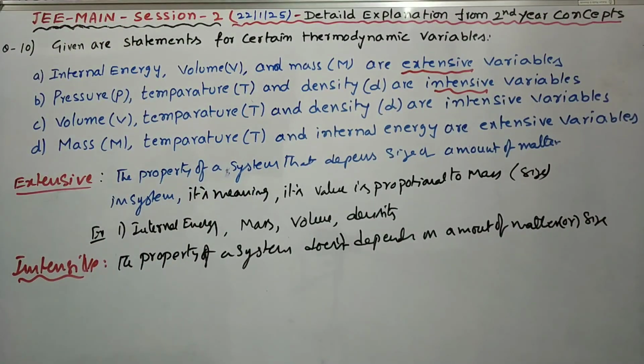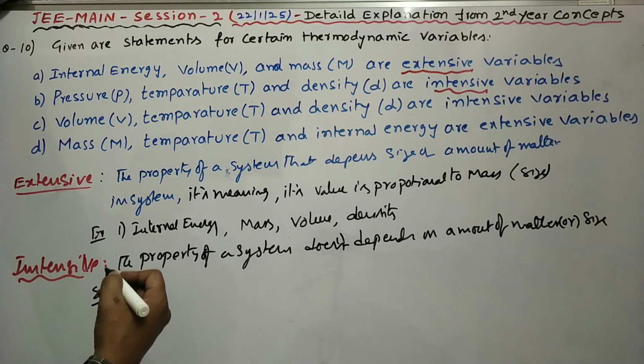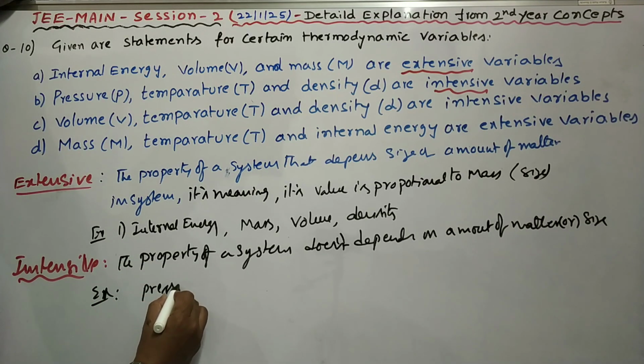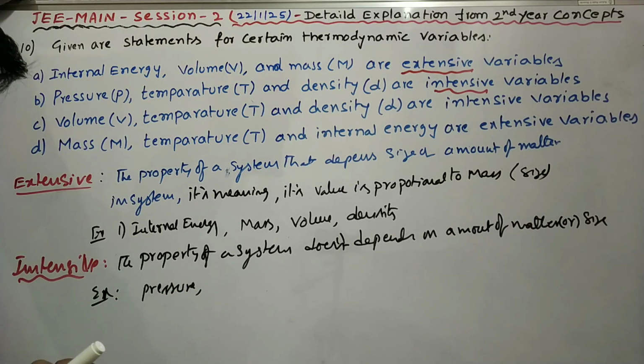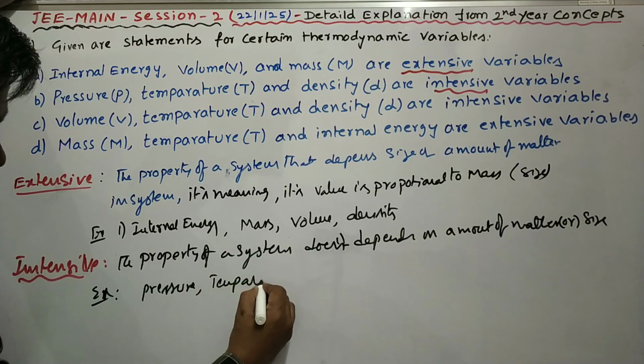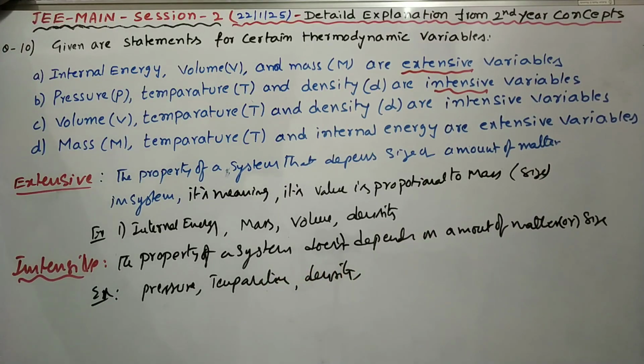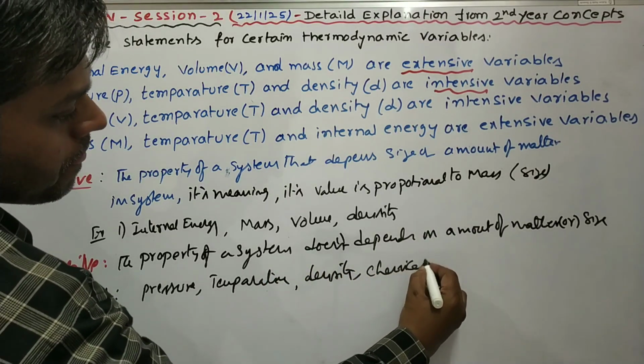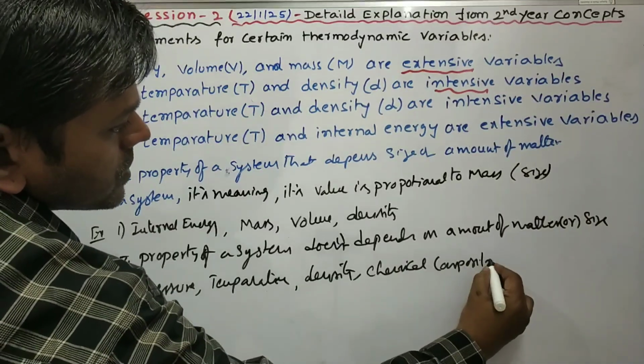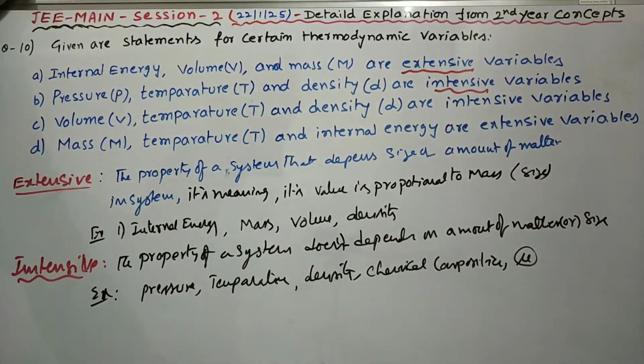For example, whatever the amount of matter, the system possesses some pressure, some temperature due to its position, some density, chemical composition, refractive index, and specific heat capacity. So these are some examples of intensive parameters of a thermodynamic system.